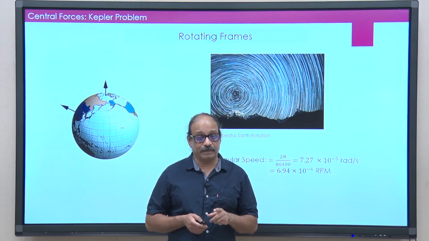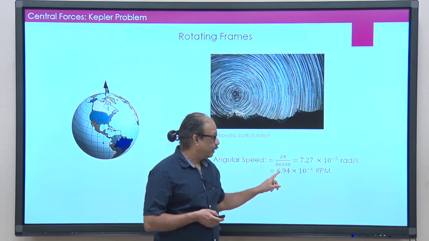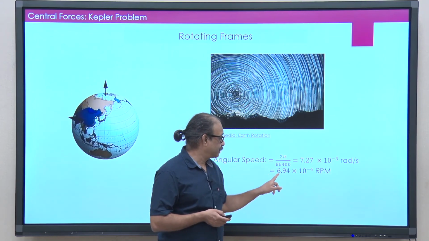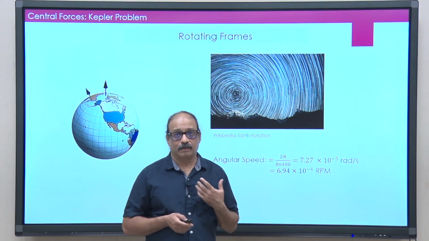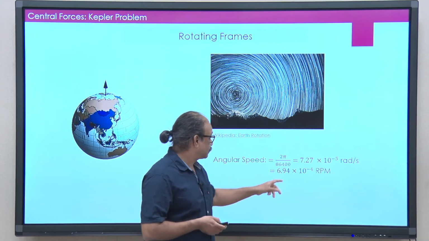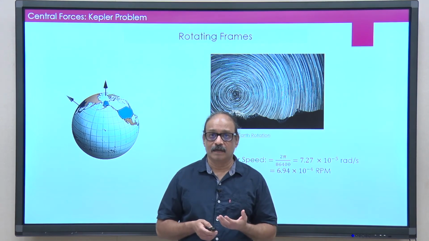That seems like a very small number, and it indeed is. In terms of RPM, it is basically 6.94 times 10 to the power minus 4 rotations per minute, which is of the order of 10 to the power minus 3 rotations per minute.